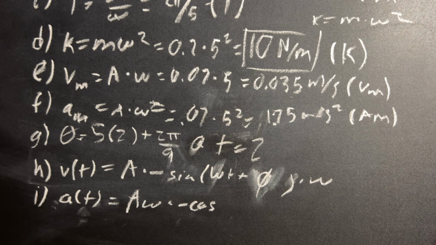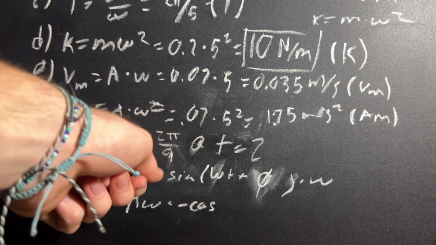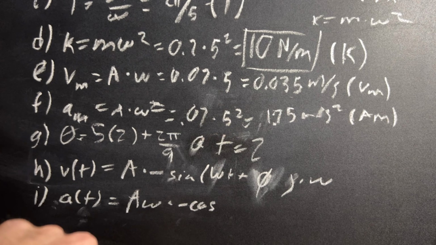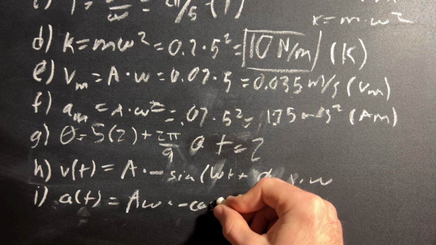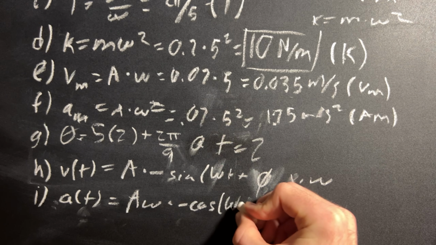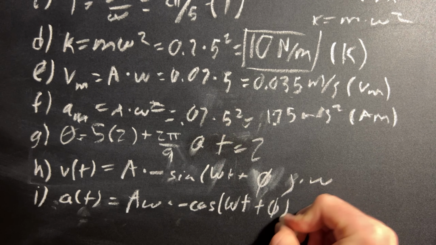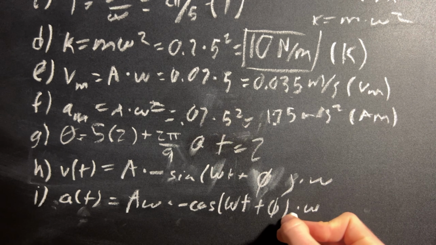I should explain that the derivative of cosine is negative sine. That's how we got the negative sign in velocity. And then we keep the negative sign because the derivative of sine is cosine, not negative cosine. Keep the inside function the same. And then same as velocity, we want to multiply by omega because of chain rule.